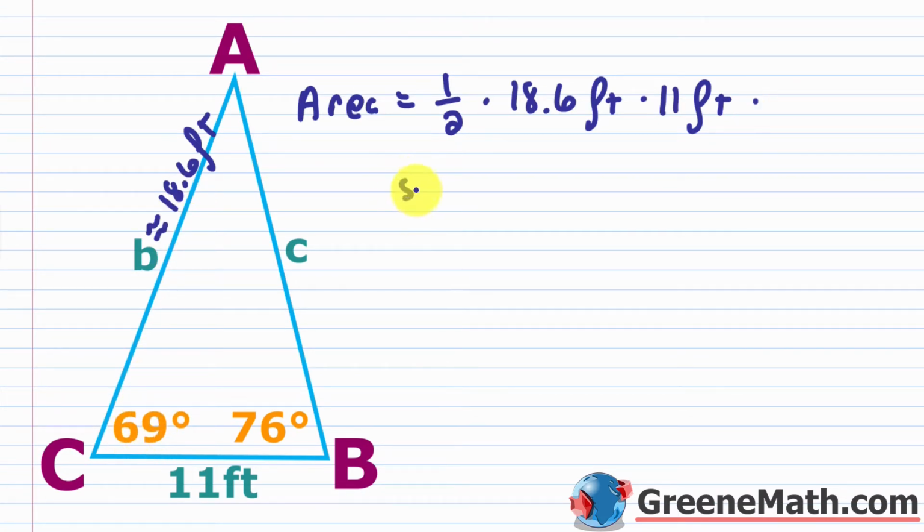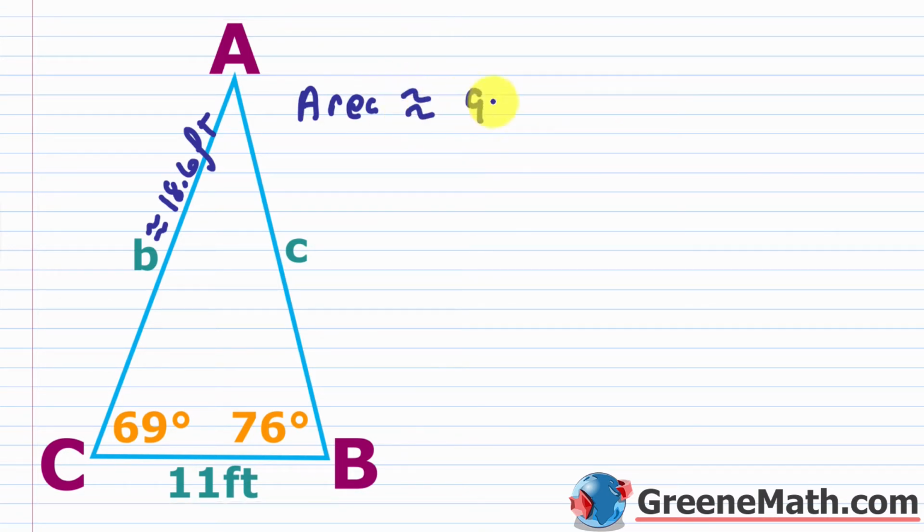So times the sine of 69 degrees. Let's punch this into a calculator. Rounding to the nearest tenth, this is about 95.5 feet squared, or square feet, however you want to say that.